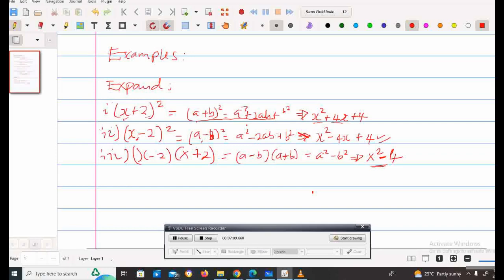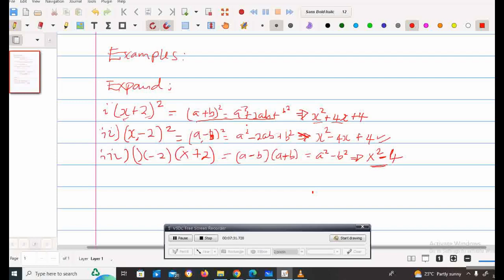The same case, x minus 2 squared, is the same as a minus b squared, which expands into a squared minus twice ab plus b squared. So that will be x squared, because we square the x, which is our a.